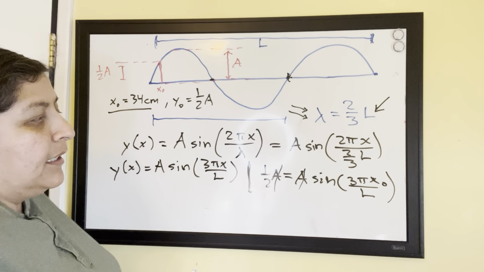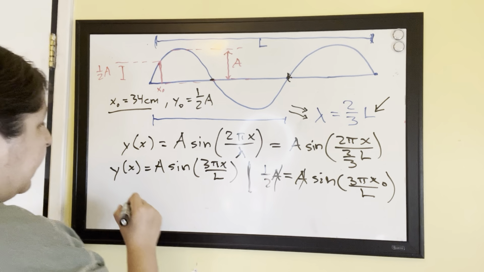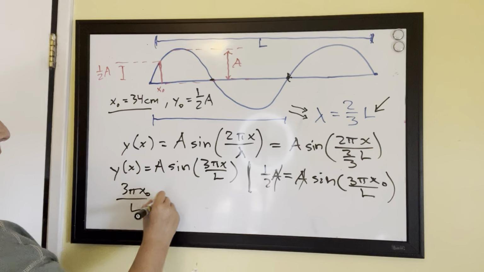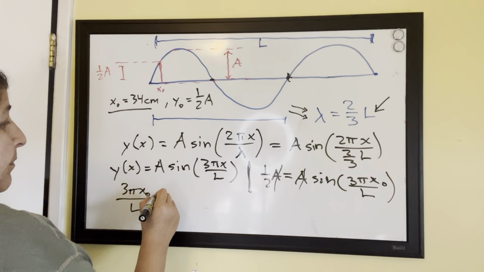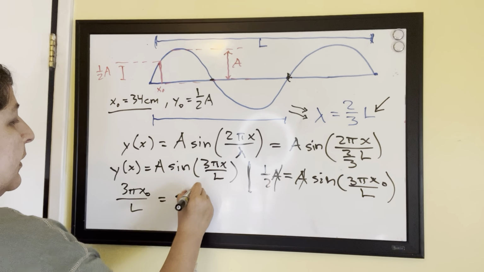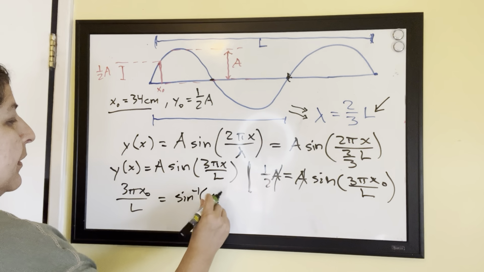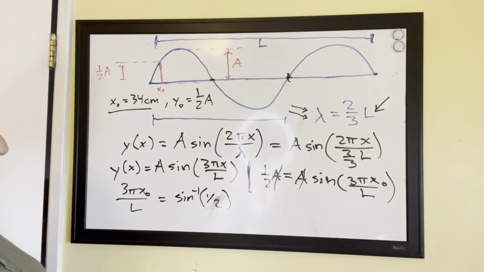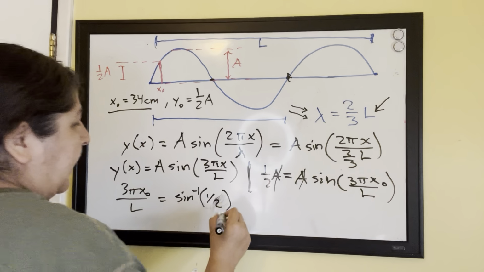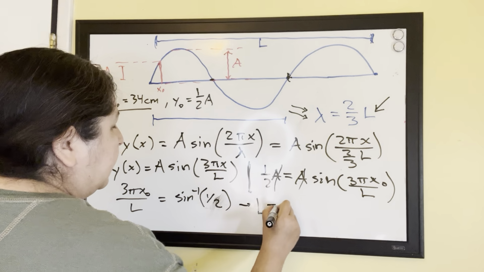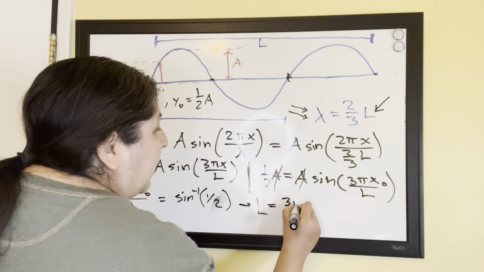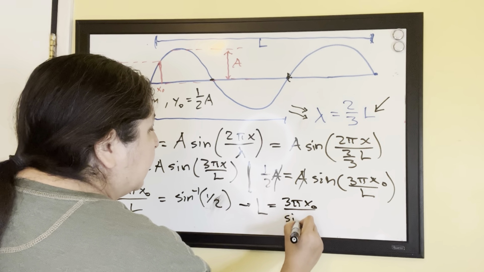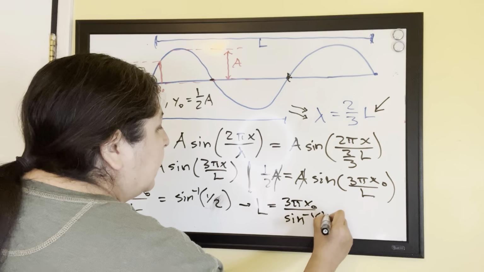Taking the inverse sine gives us that 3 pi x naught over L is equal to inverse sine of 1/2. And so that gives us that L is equal to 3 pi x naught over inverse sine of 1/2.